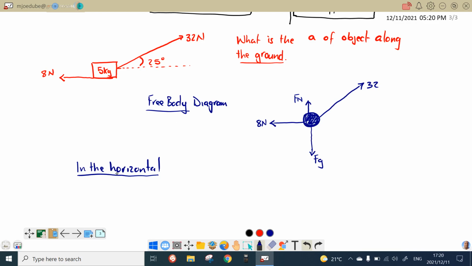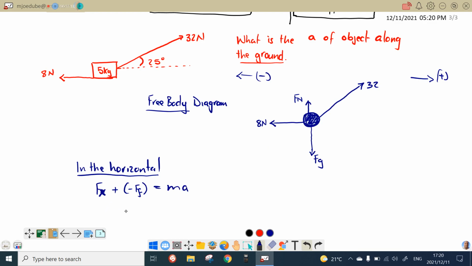Let forces to the right be positive, and forces to the left be negative. So we are going to say Fx minus our friction force, if we choose to call it FF, is equal to ma.